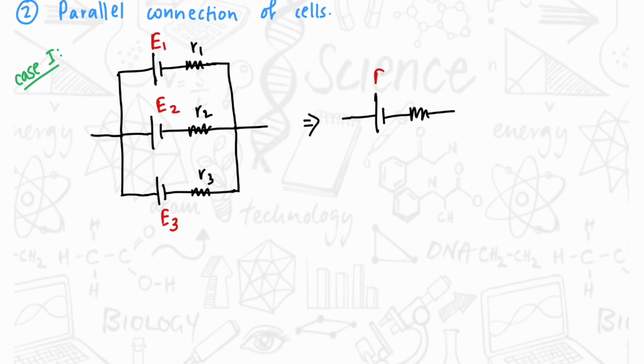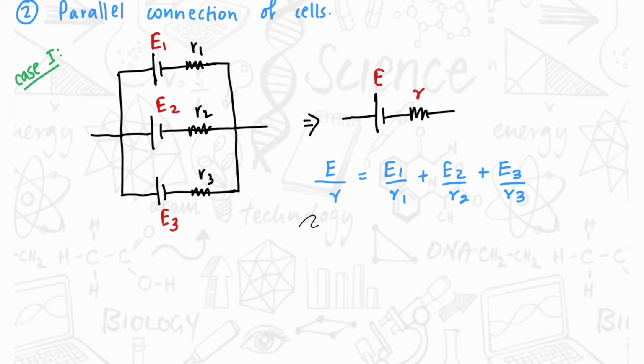So if we represent this system using a single cell of EMF value E and internal resistance R, we can say that E over R is equal to E1 over R1 plus E2 over R2 plus E3 over R3.